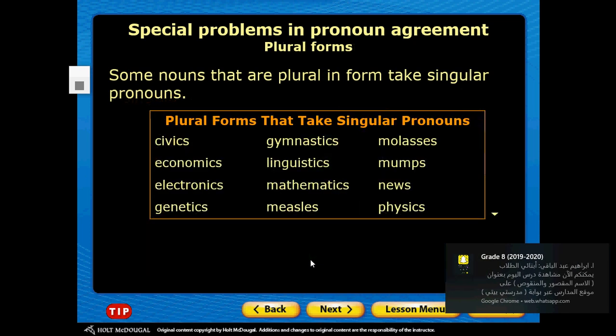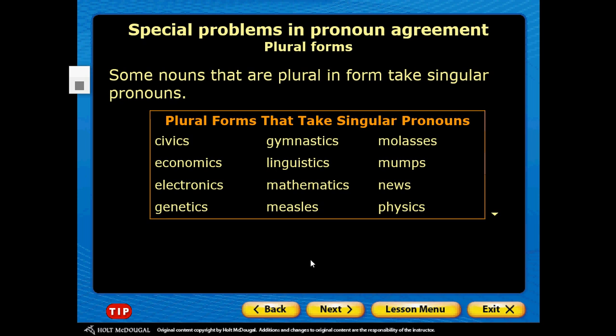Okay, plural forms. Some nouns that are plural in form take singular pronouns. Plural forms that take singular pronouns: civics, gymnastics, molasses, economics, linguistics, mumps, electronics, mathematics, news, genetics, measles, physics.